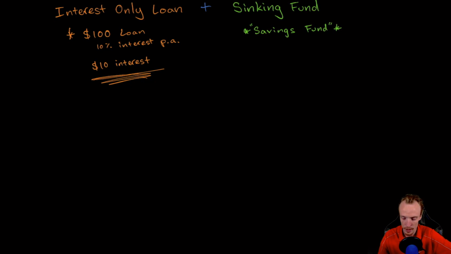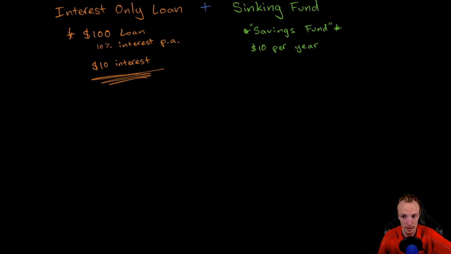We might say we're putting $10 per year in. But it's not going to take us 10 years to repay the loan. It's actually going to be less than 10 years, because it's going to accrue interest over the period the account is active. Exactly how much depends on interest rates and things like that.